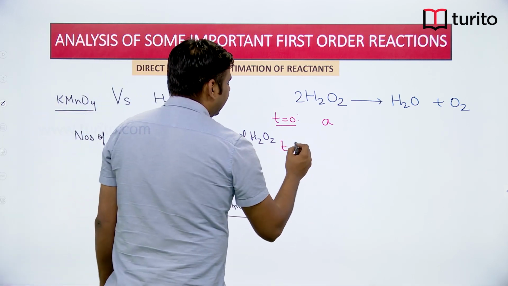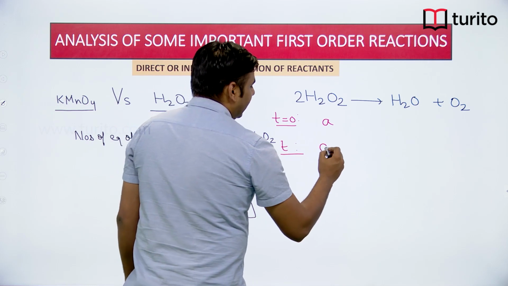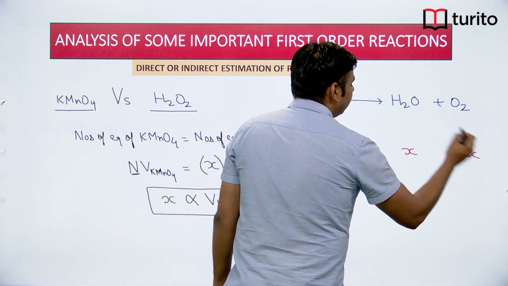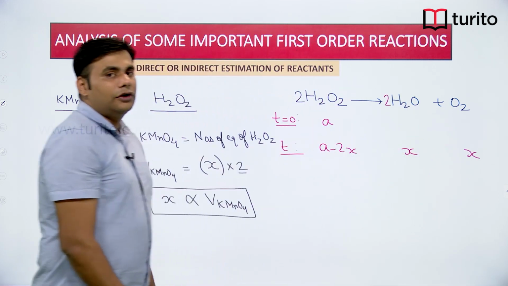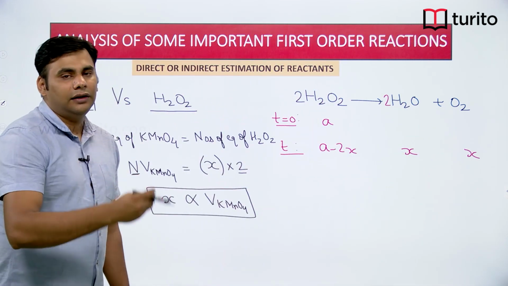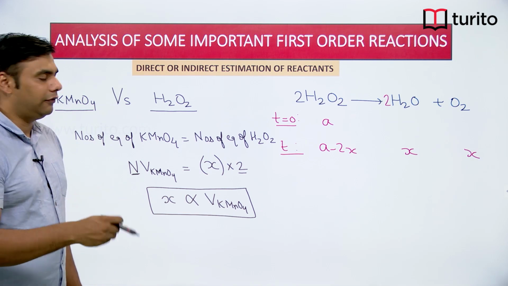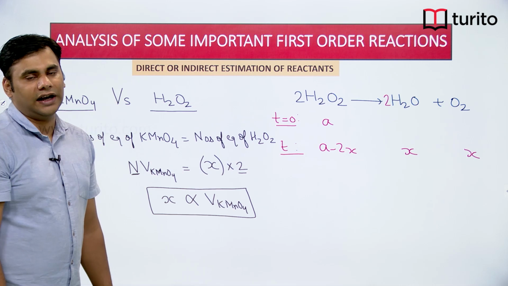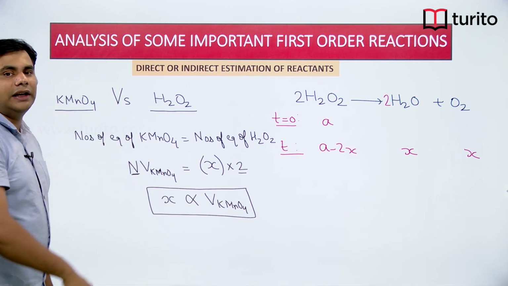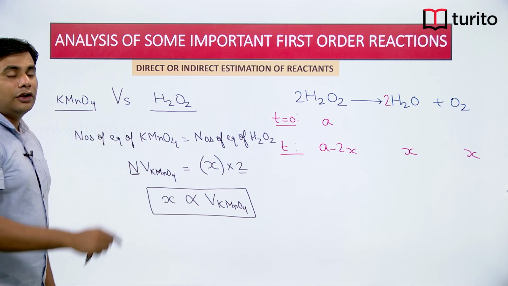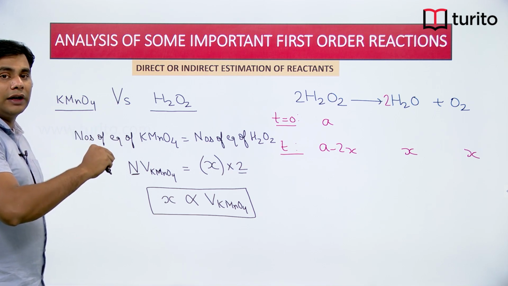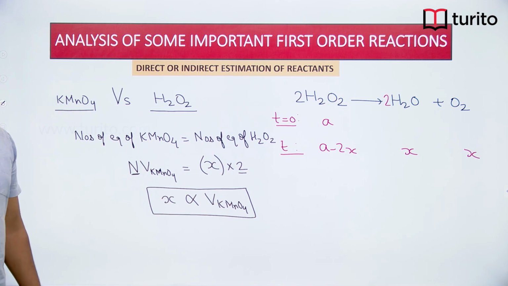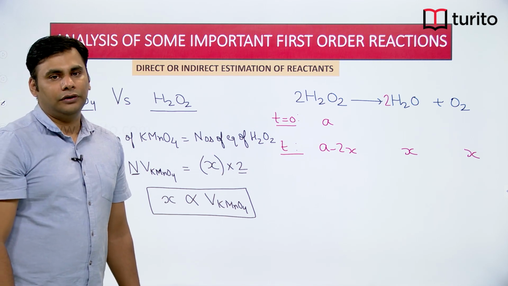After some time t, when x mole of this has reacted, the leftover will be A minus 2x, and H2O formed will be 2x and O2 formed will be x. After every time interval, I will keep taking out solution from the main reaction mixture and titrate it with KMnO4. The volume of KMnO4 consumed by that portion would be proportional to the amount of H2O2 present in the solution.